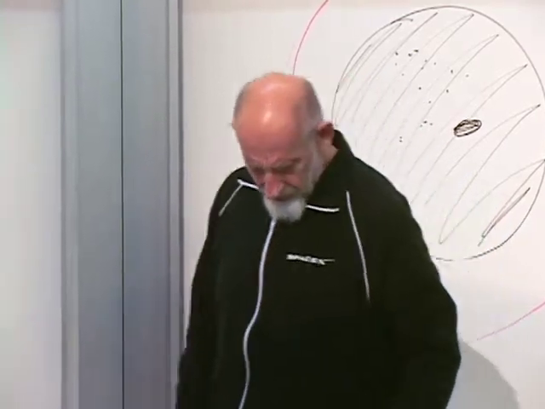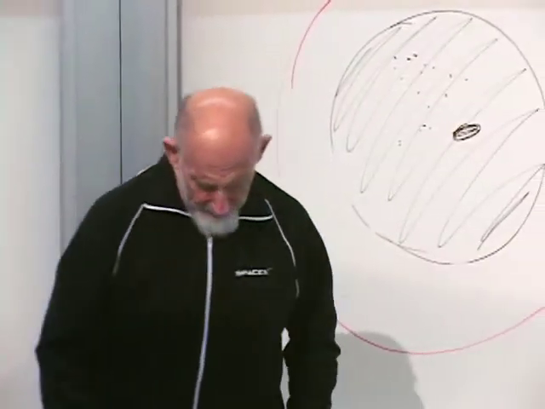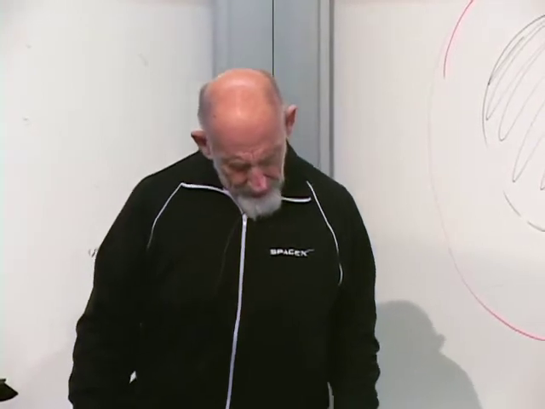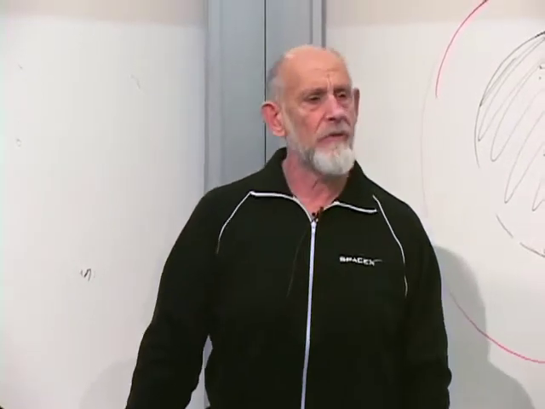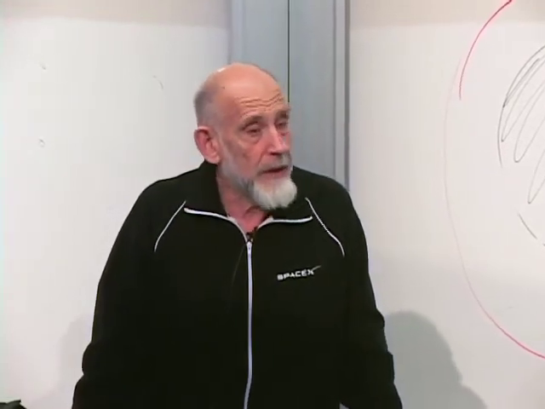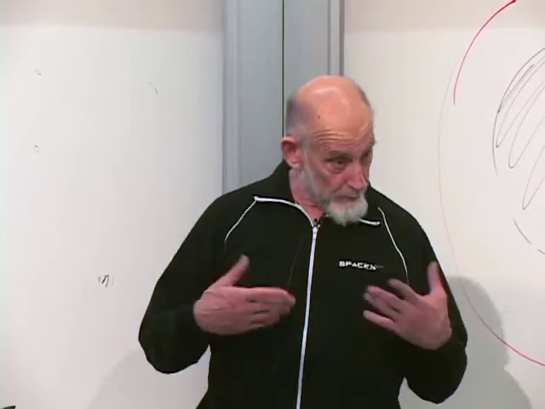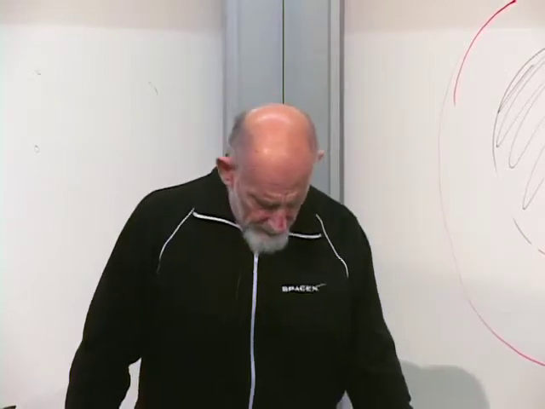Let's begin with the most basic concept of modern cosmology, namely the metric of an expanding universe. Now, there are various versions of expanding universes. In particular, they're characterized by the topology of space, not space-time, but space.